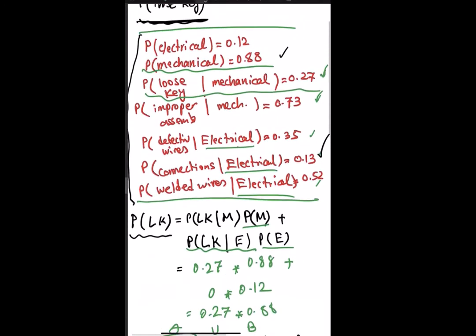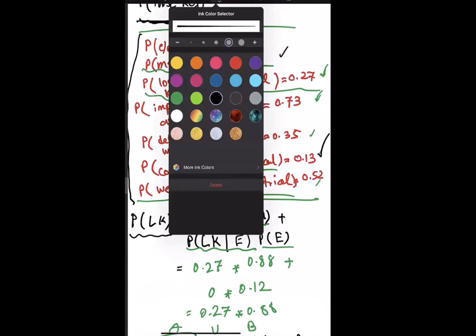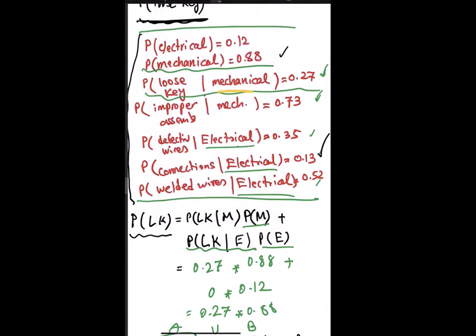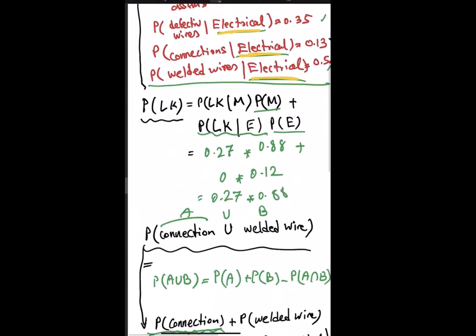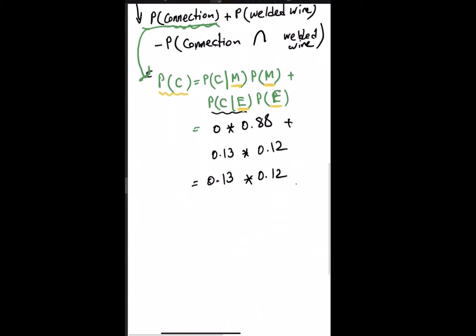If you look at the problem, you will see that here we have conditions on mechanical or electrical. So those are the two things. When you want to write the total probability rule to find the chance that the error is related to the connection, you need to condition on only two things, mechanical or electrical, because these two types of error were enough to partition our sample space.